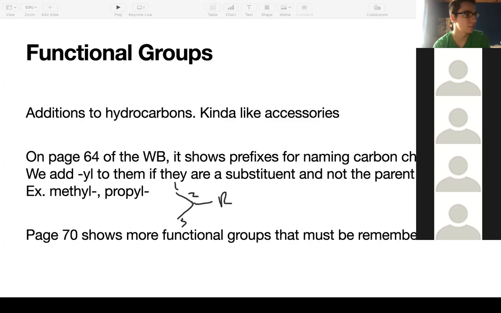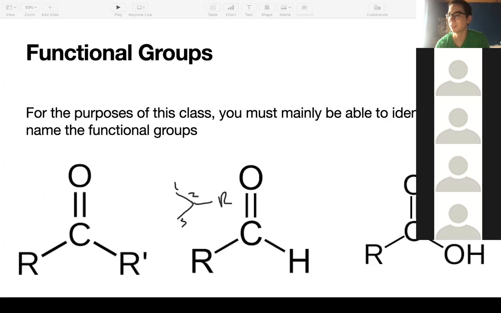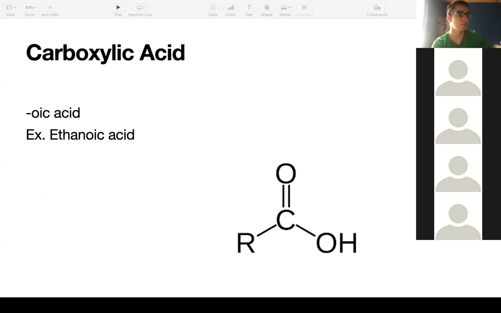And page 70 gives you some more functional groups that must be remembered. For the purposes of this class, you mainly just need to be able to identify them and tell me their names. So some examples here, and we'll get into these in a little bit more detail. Like I said, these should be on page 70.